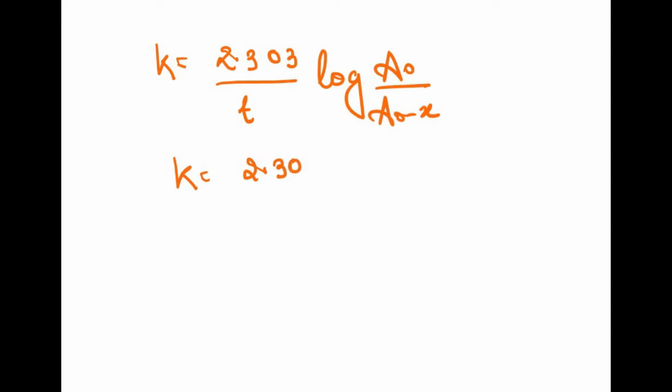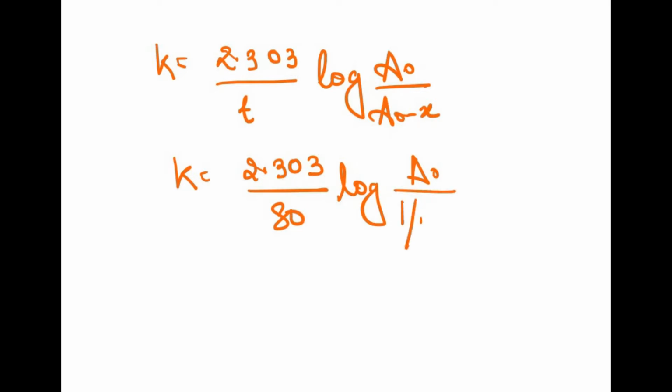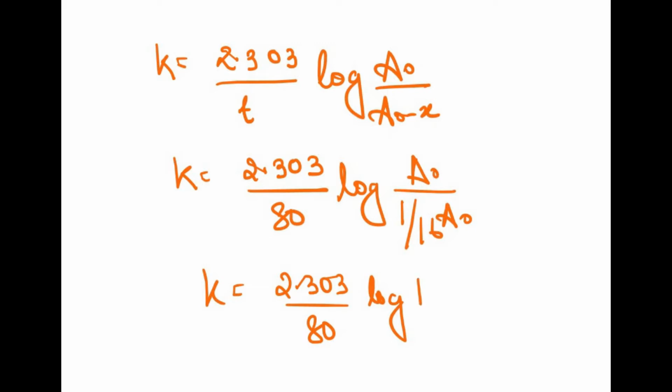So this should be 2.303 by t, where t is 80 minutes, log of initial, suppose A0, by the final remaining, which is 1/16th of A0. Then this should be 2.303 by 80 log of 16. 16 means what? 2 to the power 4.